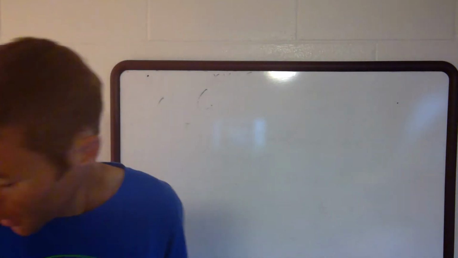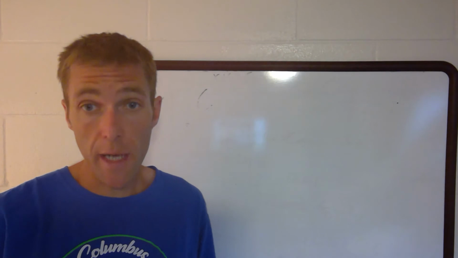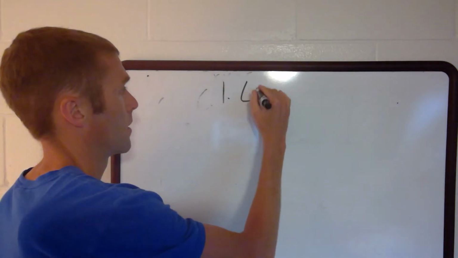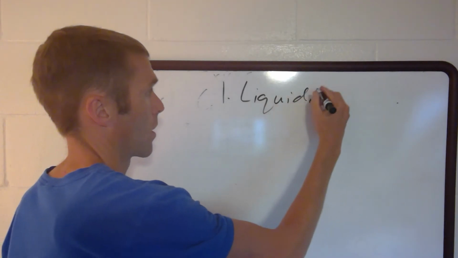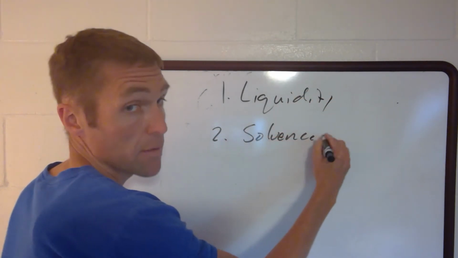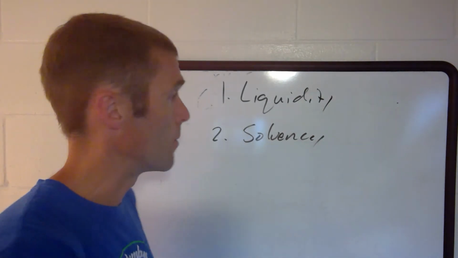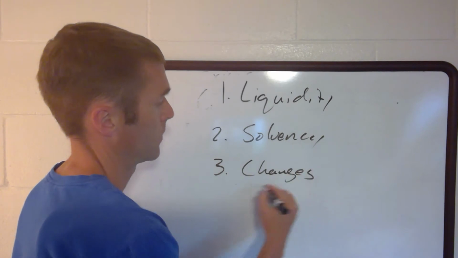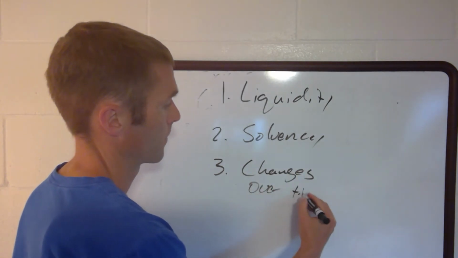Okay, so other than looking at what our net worth is, we're really interested in liquidity and solvency, which is our net worth, but breaking that down even more, and then changes over time.